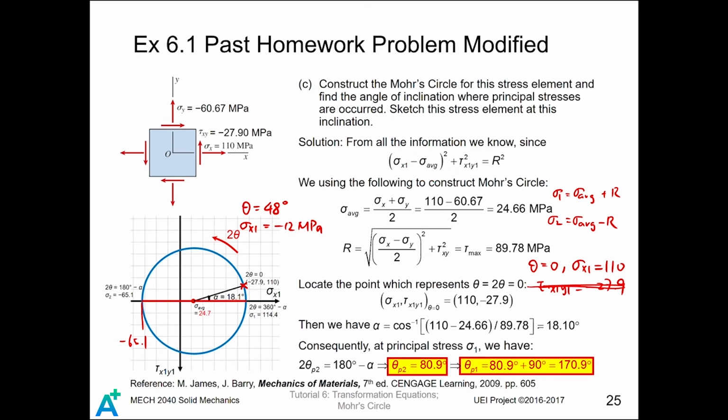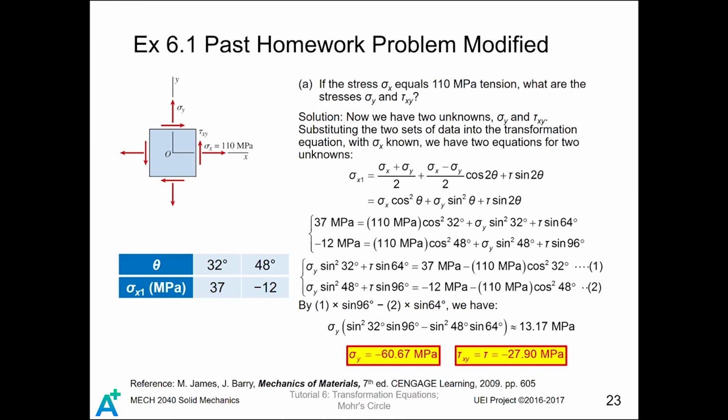The result will be negative 27.9, which agrees with our results previously. So our result after solving this system is negative 27.9 million pascal, exactly the same as what we found from the Mohr circle.